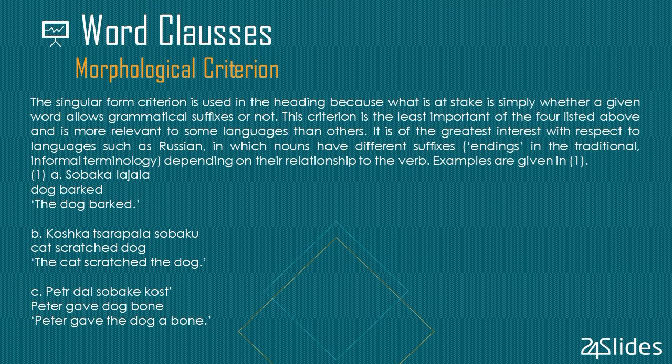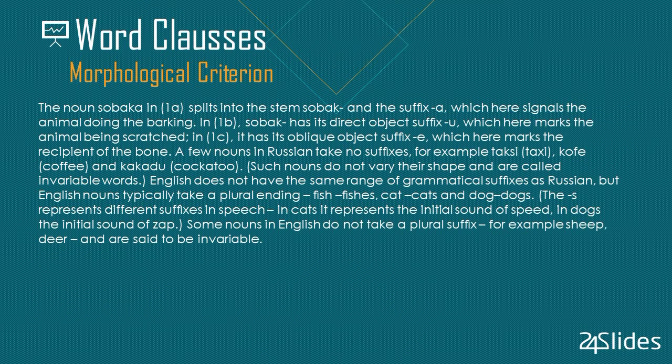Examples are given in 1a: Sobaka lajala, dog barked, the dog barked. 1b: Koshka tsarapala sobaku, cat scratched dog, the cat scratched the dog. And 1c: Peter dal sobake kost, Peter gave dog bone, Peter gave the dog a bone. The noun sobaka in 1a splits into the stem sobak and the suffix a, which here signals the animal doing the barking.